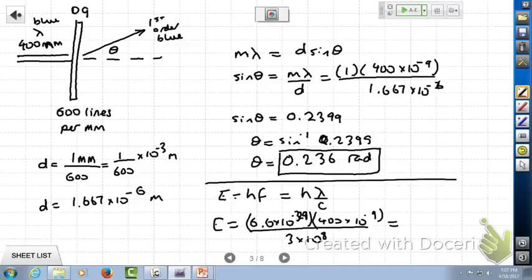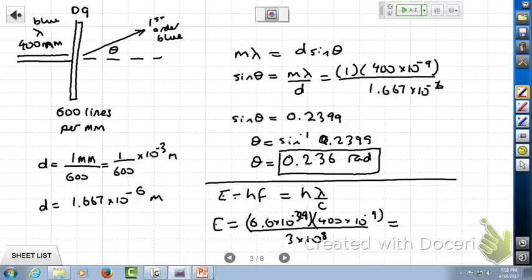And our lambda we worked out to be 400 times 10 to the minus 9 over 3 times 10 to the 8th, which equals, so let's have a look, 6.6 times 10 to the minus 34 times 400 second EE to the minus 9, enter, divided by 3 second EE to the 8 equals, oh, that's ridiculous. I've done something wrong.